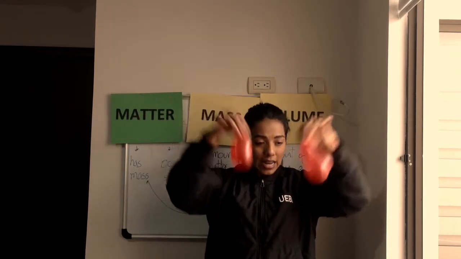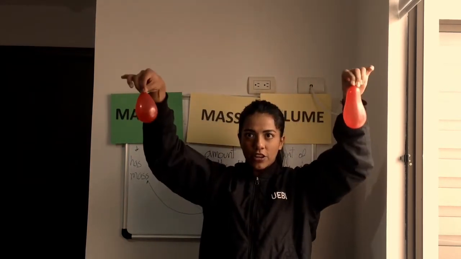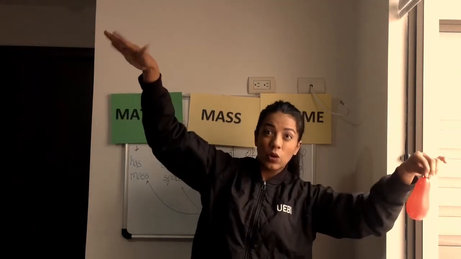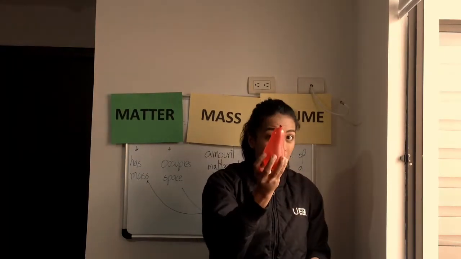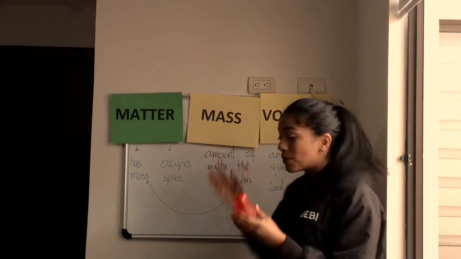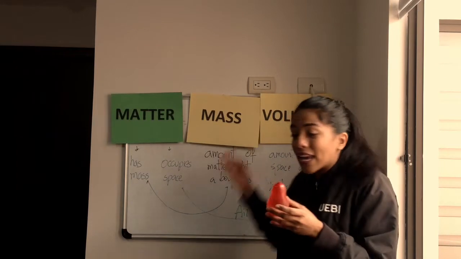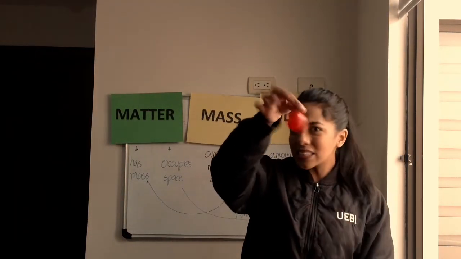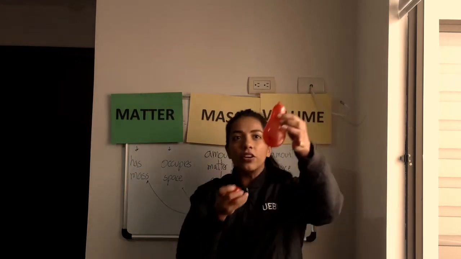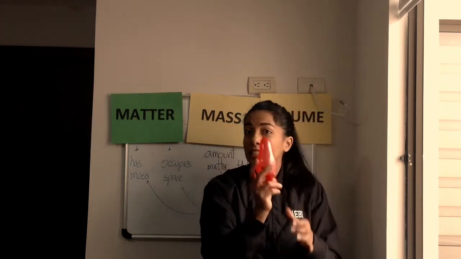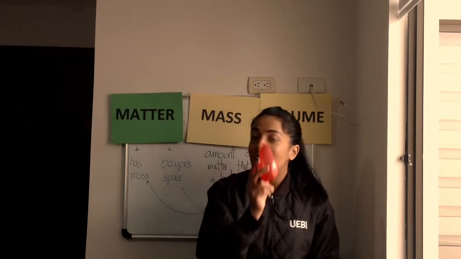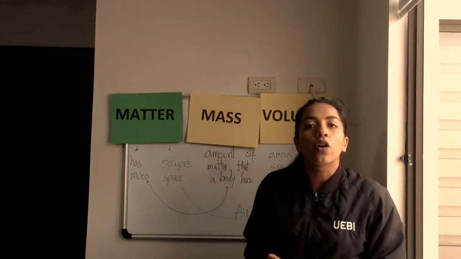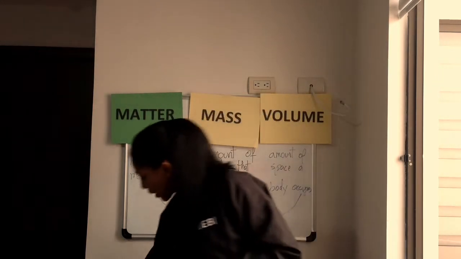But let's suppose I have a scale here and I don't have one balloon, my scale is going to be like this. Why? Because the air that is in here has mass and occupies space. If I have my balloon like this, it doesn't occupy a lot of space. In here, the air is occupying a space, so that means that air is also matter because it has mass and occupies a space. Okay?